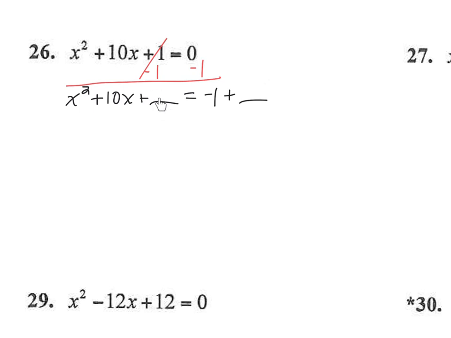To find this nice constant, you're going to take whatever your b is, divide it by 2, and then square it, and that will create the perfect constant to make this into a perfect square trinomial. So here we go.